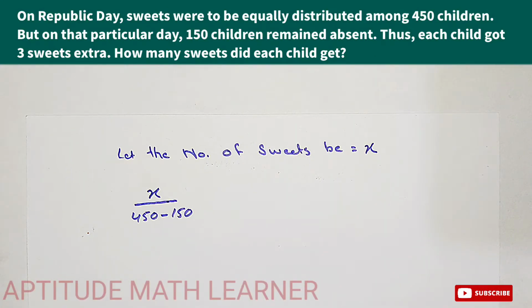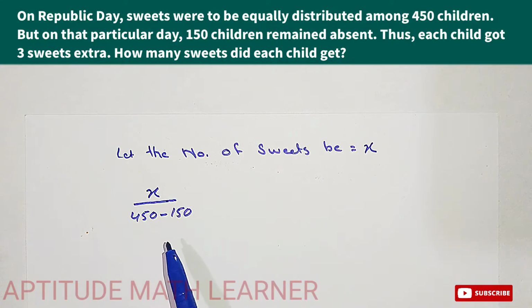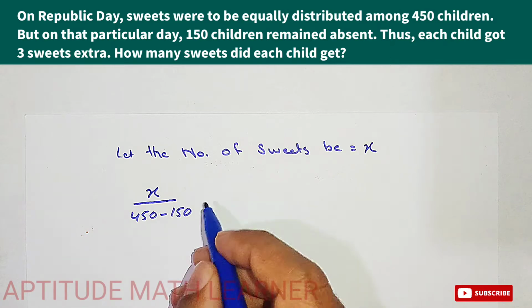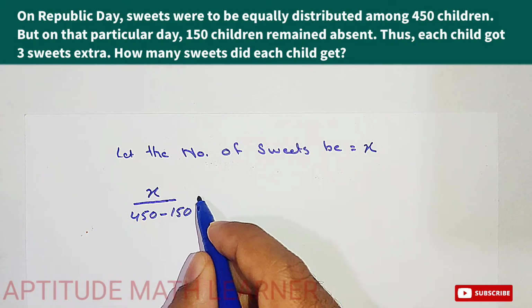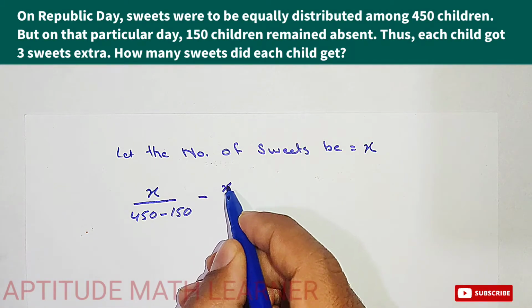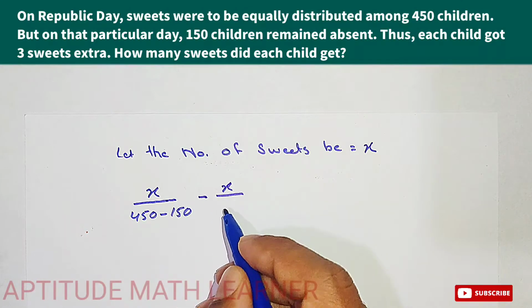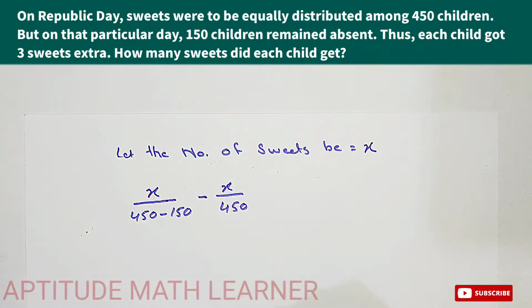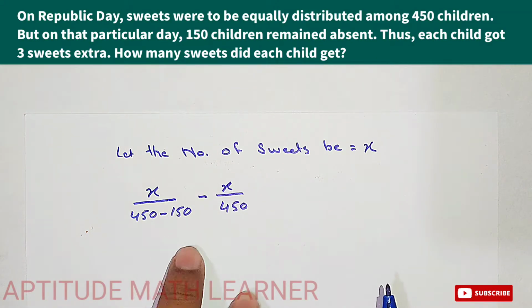Here you have to make one thing clear. At the start, x sweets were to be divided among 450 children. You have to make it clear in every format.